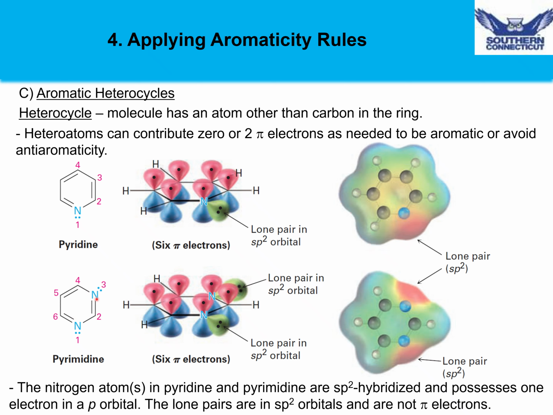The lone pairs on the nitrogens are not needed for this compound to be aromatic. And so as you can see here in green, they're going to be in an sp2 orbital. That sp2 orbital will face away from the pi cloud. So it's going to be in the same plane as the ring, perpendicular to the p orbitals at every atom. And so we do not count those in the pi electrons since they're not part of the pi cloud.